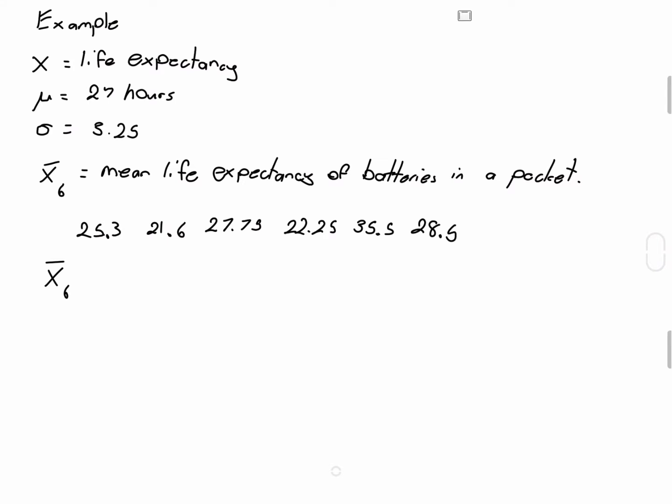We're going to find the average of all the values that were found. If you plug these numbers into your calculator, you'll find it's roughly equal to 26.8 hours. That's the mean of the sample that we've taken.